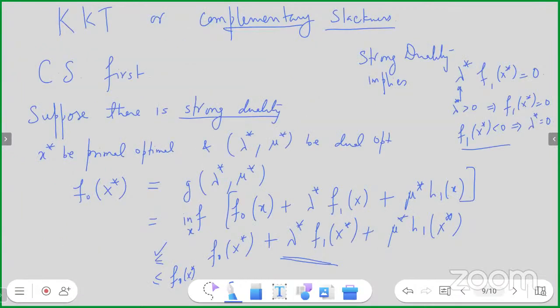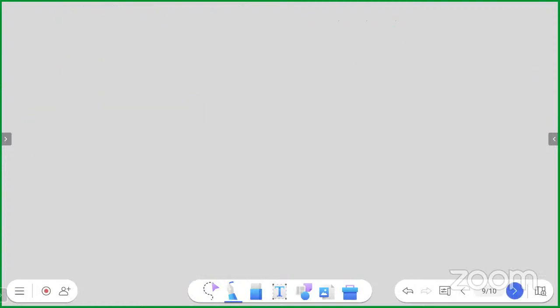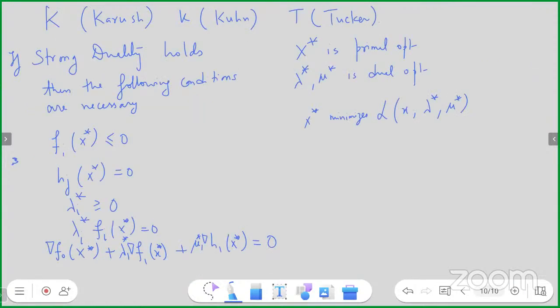What was the starting point? f0 of x star is equal to g of lambda star mu star is equal to inf of this. What is the inf? It is x star. So it better be the same thing. So in fact, this is true. And that's just the first order condition which is written there. So this is the necessary condition as long as strong duality holds.